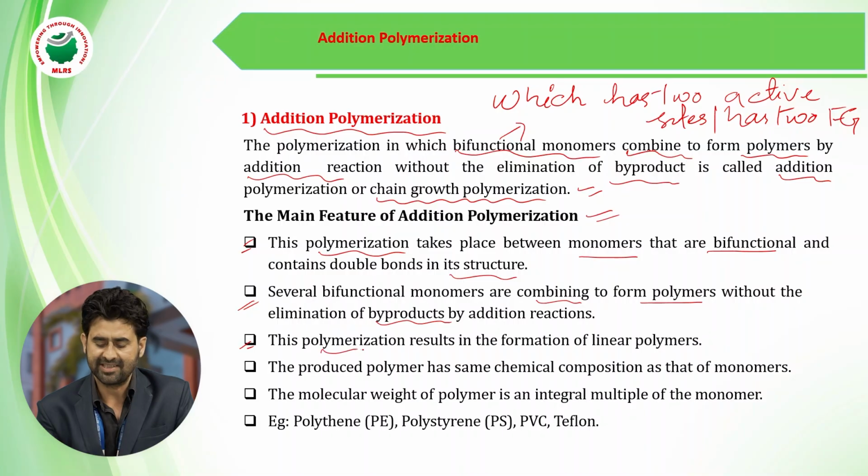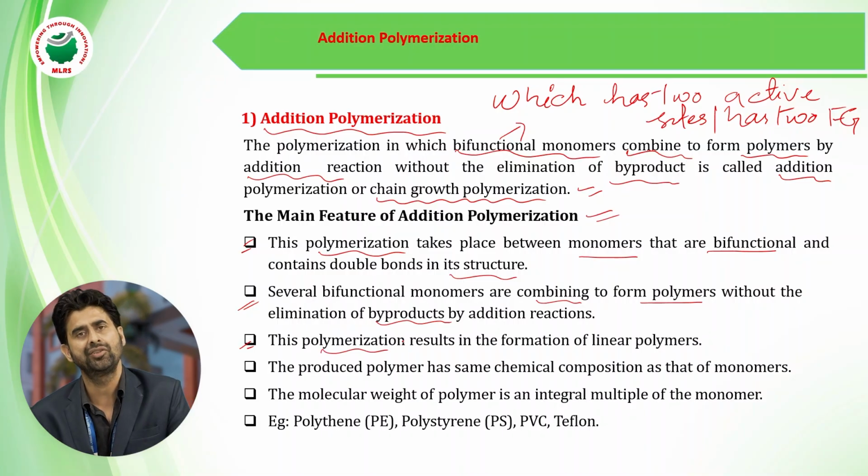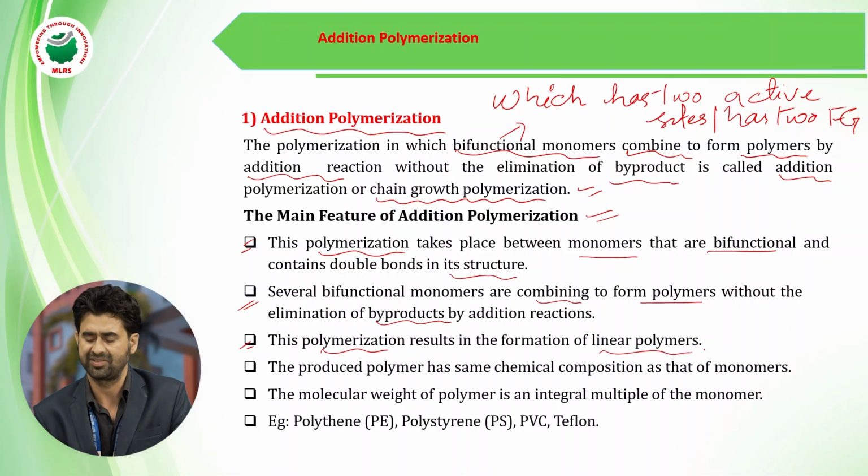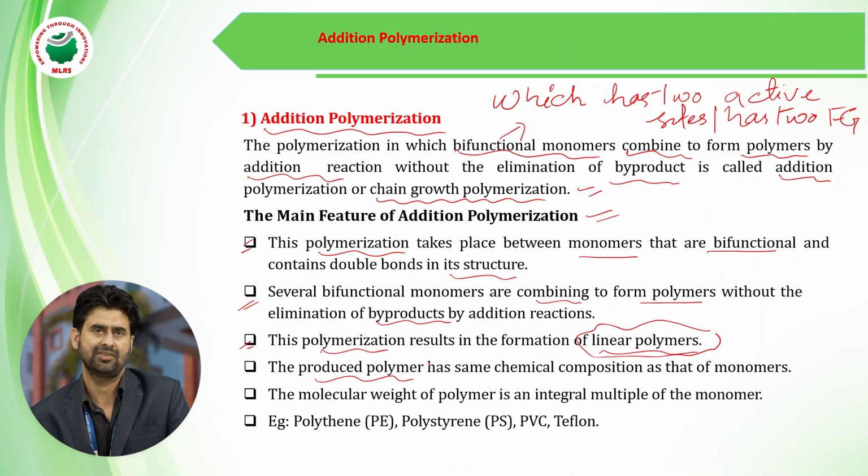This polymerization results in the formation of linear polymers. By addition polymerization, the resultant polymer is linear. The produced linear polymer has the same chemical composition as that of the monomers.